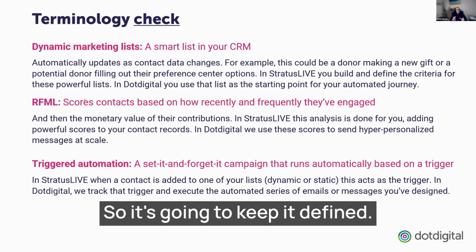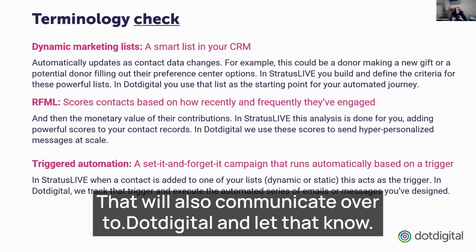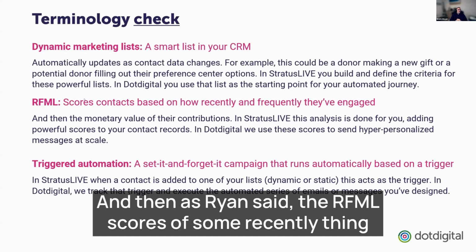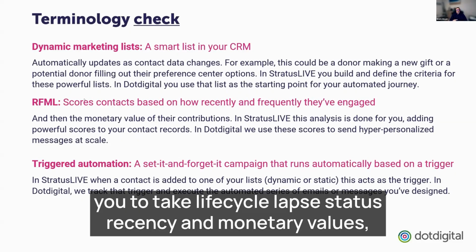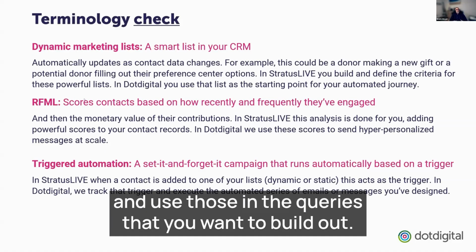So it's going to keep it defined. That will also communicate over to Dotdigital and let that know. And then, as Ryan said, the RFML scores are some recently added items that we have out there that will allow you to take life cycle, lapse status, recency, and monetary values and use those in the queries that you want to build out.